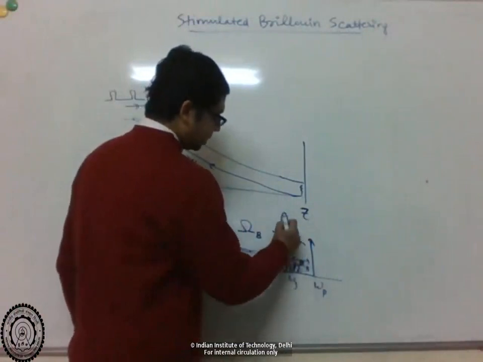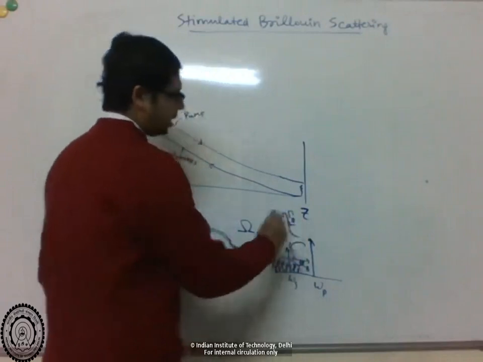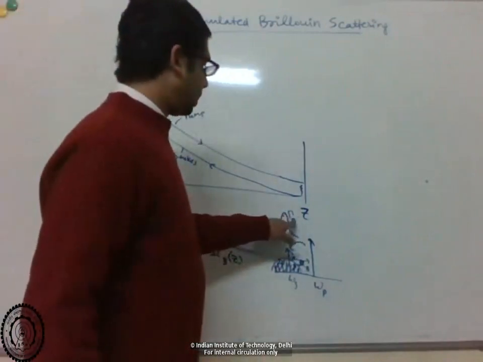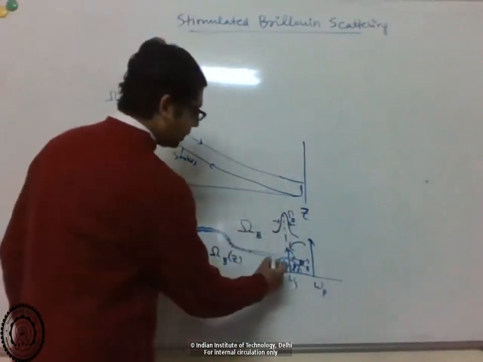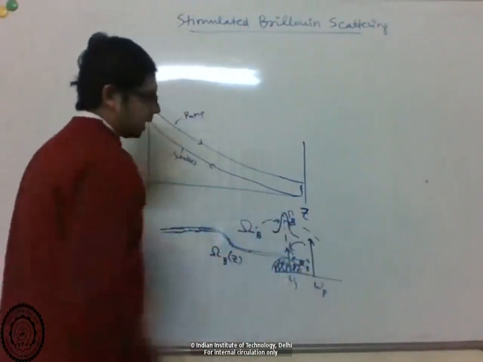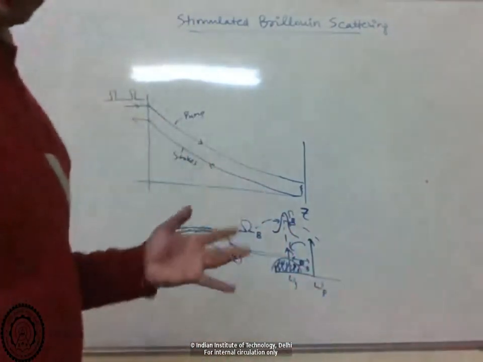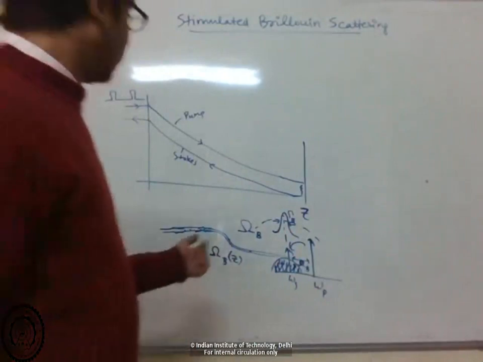Remember there was some bandwidth over the gain, which we referred to as the Brillouin line width gamma. What these inhomogeneities are causing is a broadening of this line width, some sort of inhomogeneous broadening. You may know the concept of homogeneous and inhomogeneous broadening from atomic physics or elsewhere.